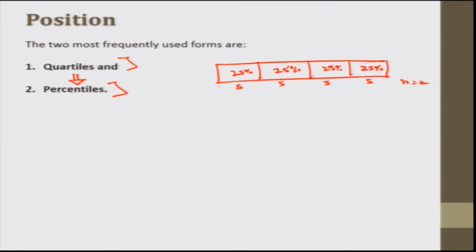Or you can say this is the first value, this is the 5th, this is the 10th, this is the 15th and this is the 20th for n equal to 20. This is known as quartile.